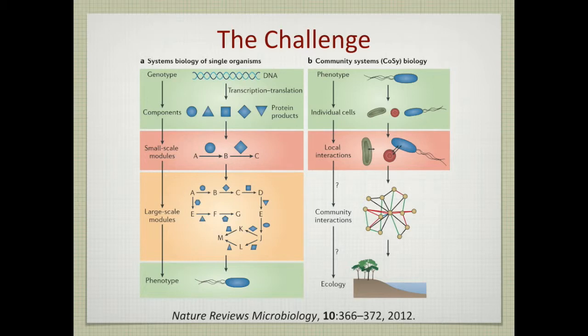But at the community level, though, we can do certain top-down studies by characterizing composition of the community. You can look at perturbations to it and see how that species composition changes. In the pink box there, I should say that there are now efforts that have been undertaken to look at how two species interact.